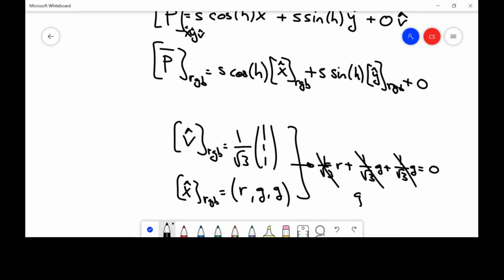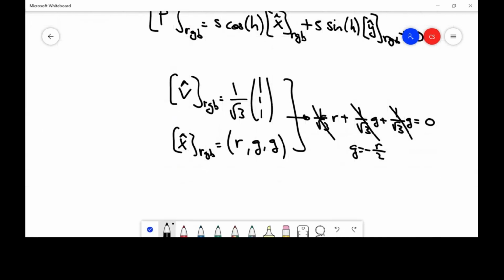So you have that G has to be minus R divided by 2. So all the vectors of the form R, minus R half, minus R half fulfill this condition. So the G and B components are equal, and they are perpendicular to this one.